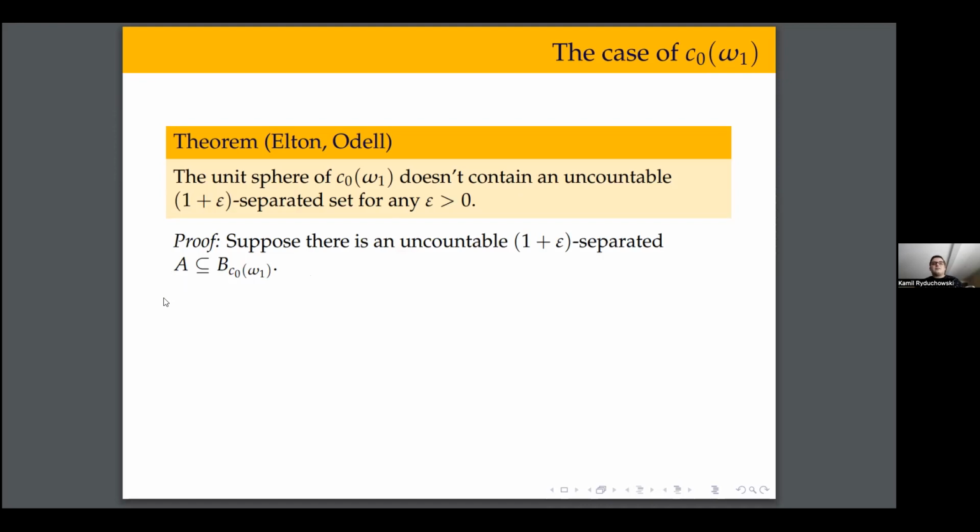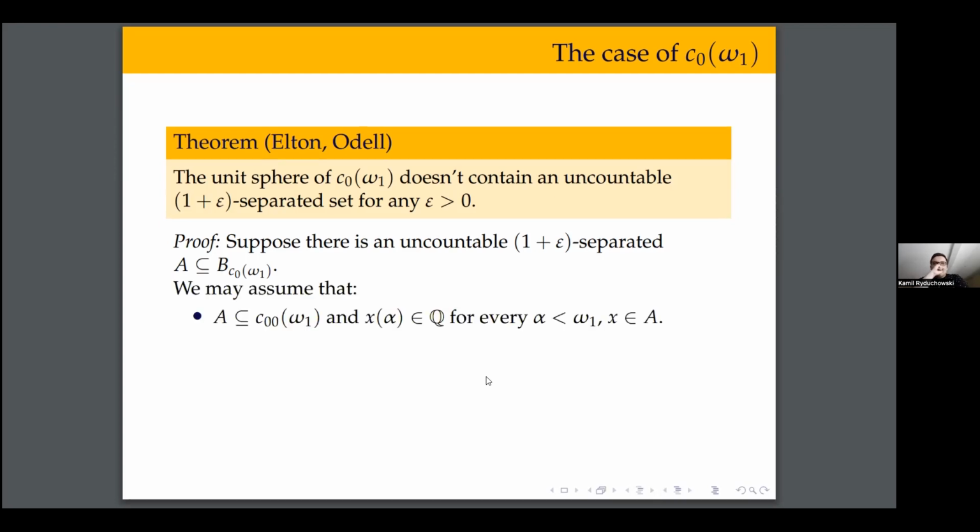That's because if we have any 1 plus epsilon separated A, then by approximating elements of A, let's say epsilon over 4 close, with elements from this dense set, we may construct an uncountable 1 plus epsilon over 2 separated set in this dense set. So in particular here, let's assume that A consists of vectors with finite supports and with rational values.